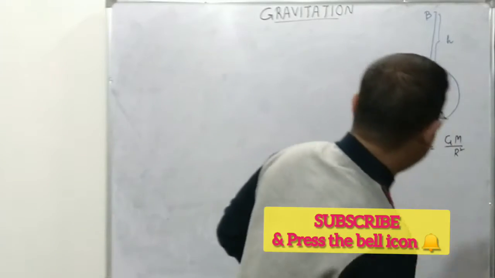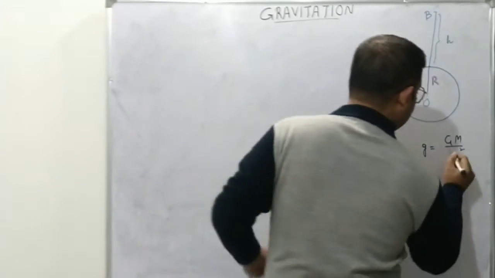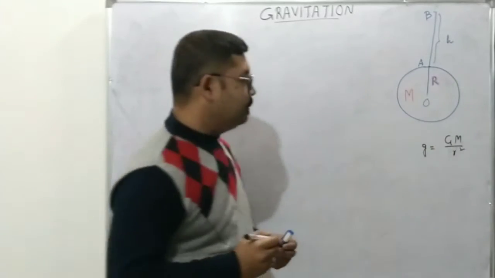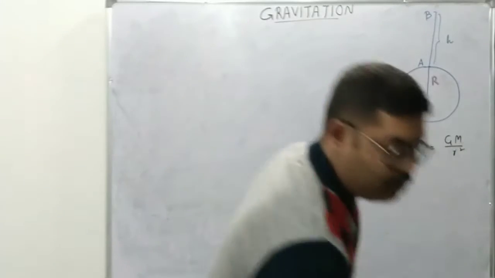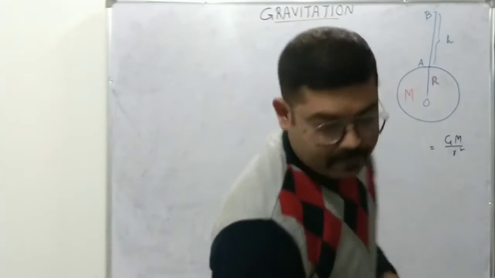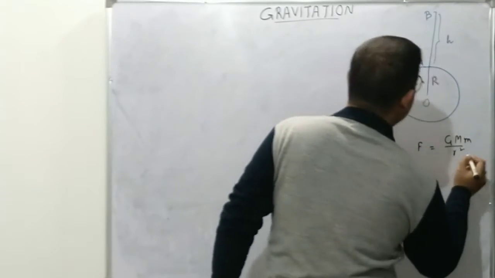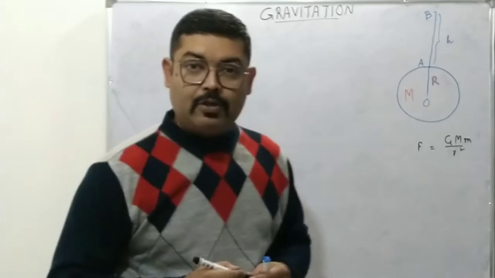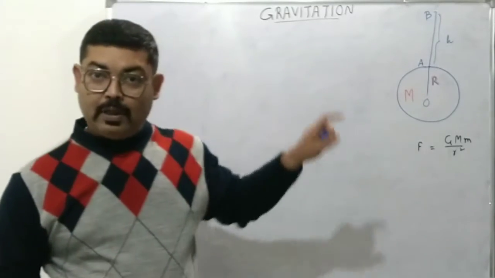Not r squared, capital R squared. Okay, and also we know that the force of gravitational attraction F is GMm by r squared, where m is the mass of the object and r is the distance of the center of the object from the center of the earth.